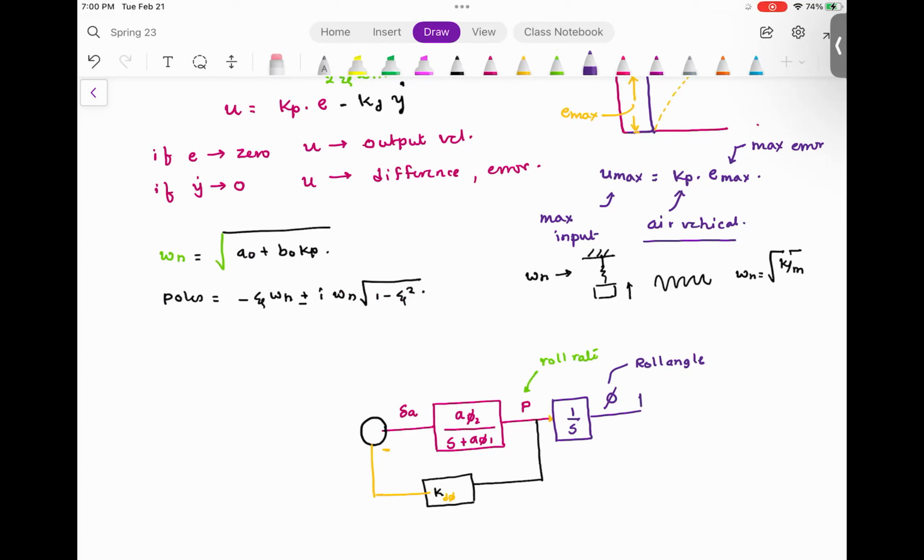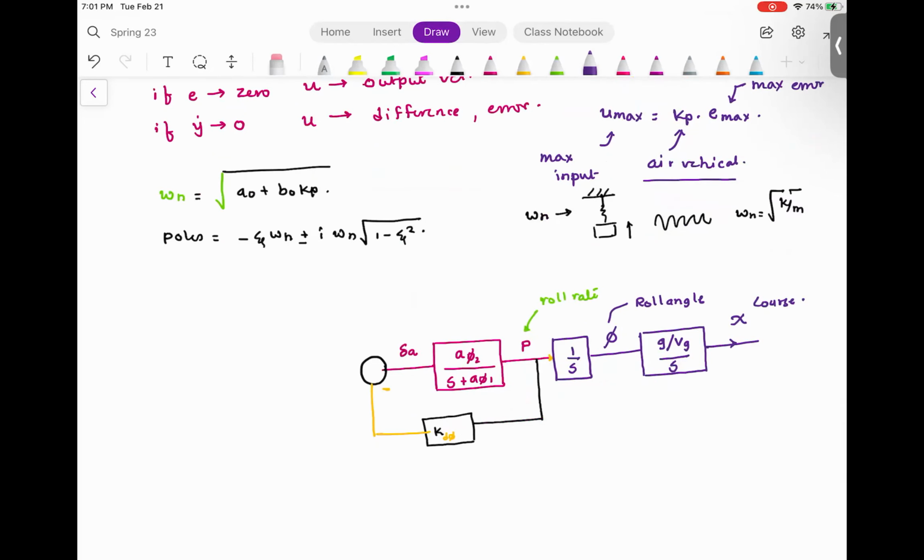And then when I take this roll angle and multiply it with the gravitational constant divided by Vg, divided by S, when I integrate the roll angle and multiply by G divided by Vg, I get the value of chi, which is the course.